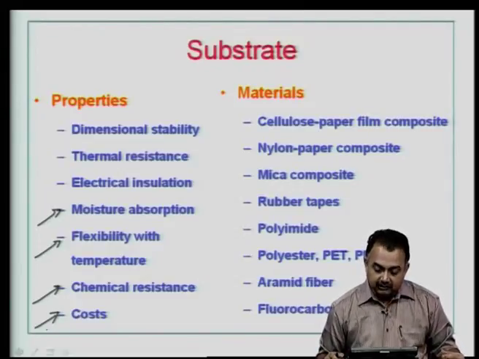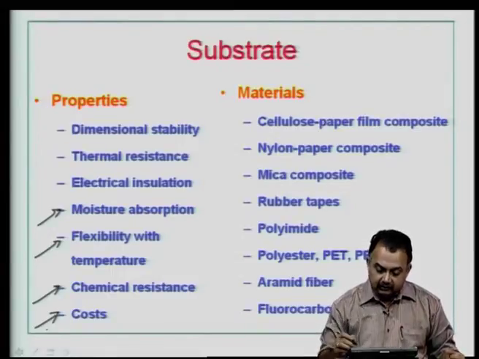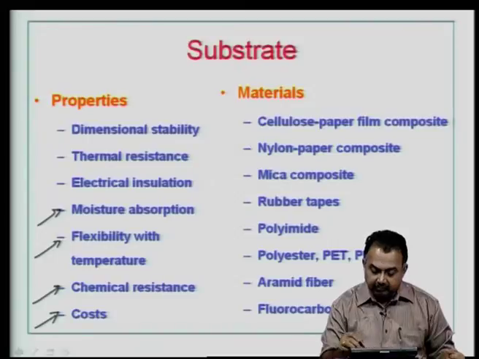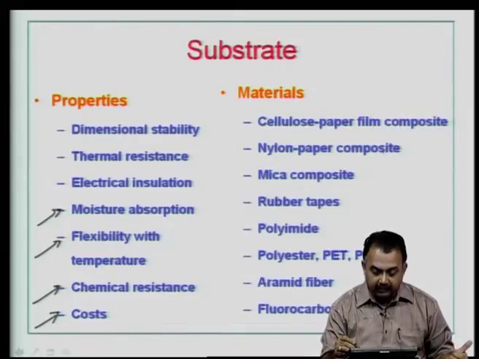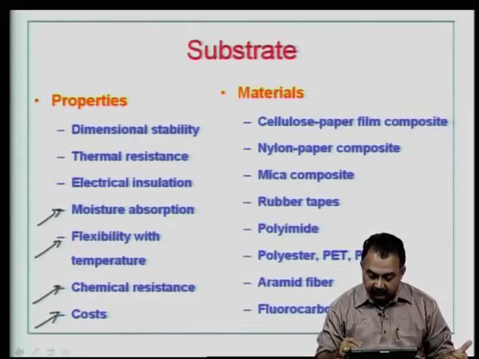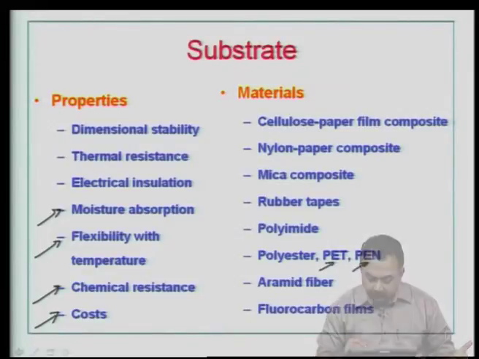If you look at the materials, the choices are, you can use cellulose paper film composite, nylon paper composite, mica, rubber tapes, polyimide, polyester, polyethylene terephthalate, polyethylene naphthalate, aramid fibers, fluorocarbon films and so on.